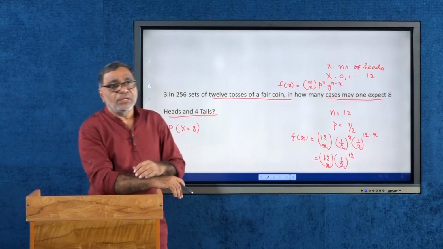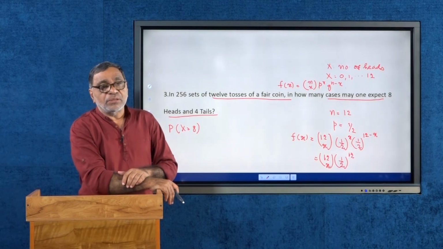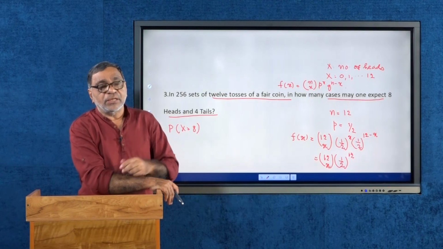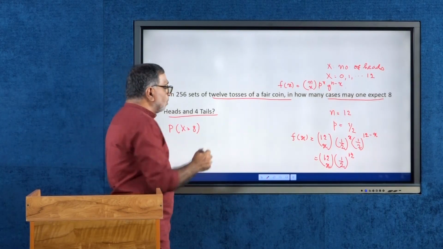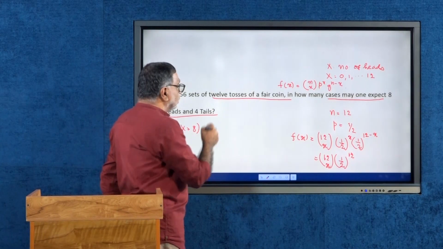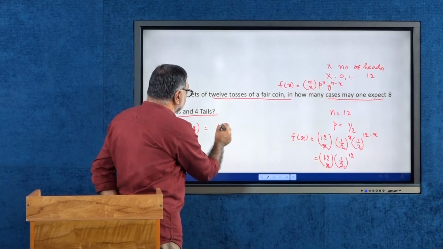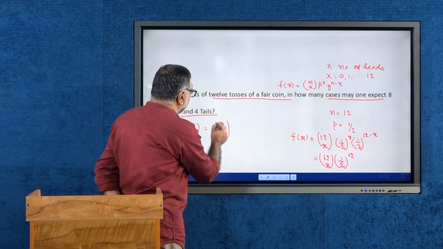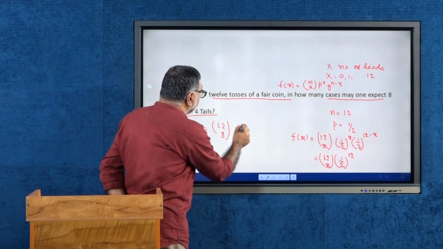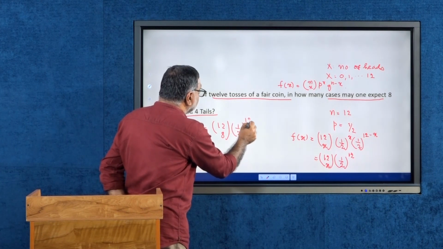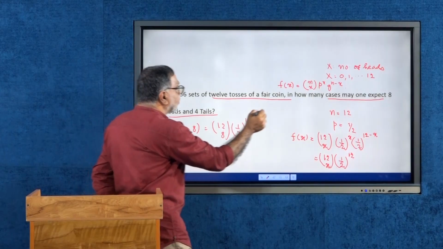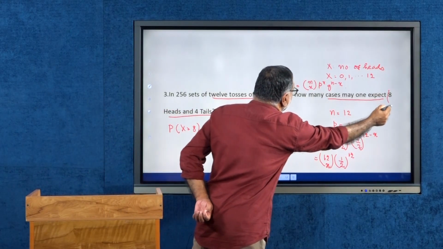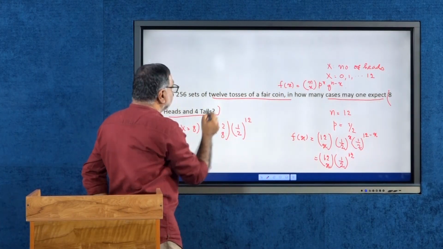Automatically, out of 12 tosses of a fair coin, if we get 8 heads, then there will be 4 tails. So, the probability of x is equal to 8 we calculate as 12 C8 1 by 2 power 12. This is the probability of getting 8 heads and 4 tails.